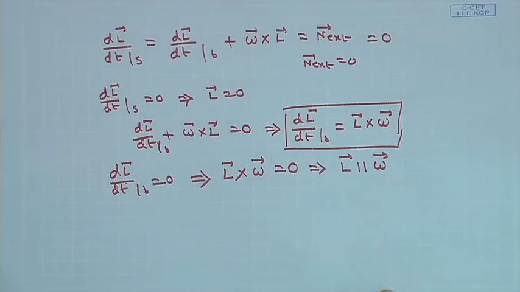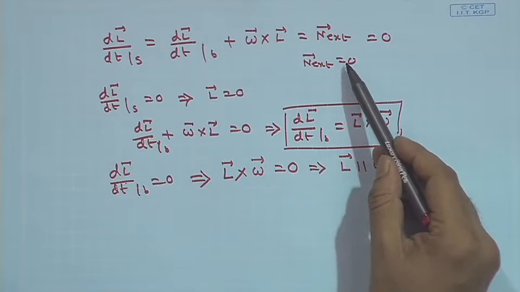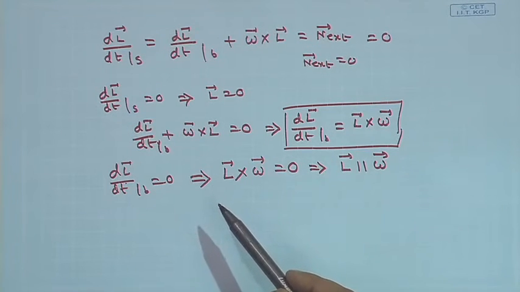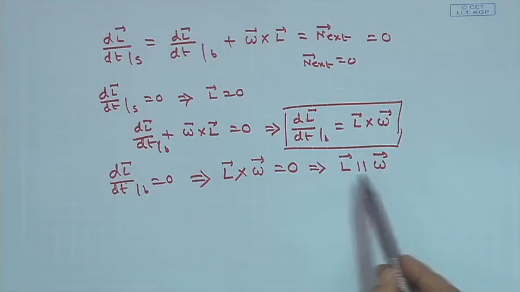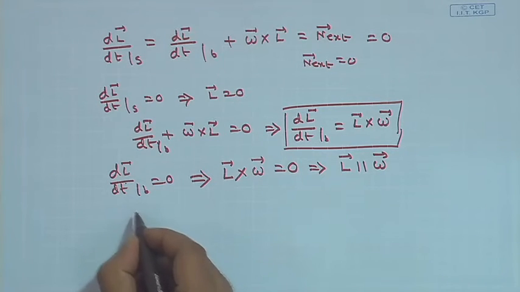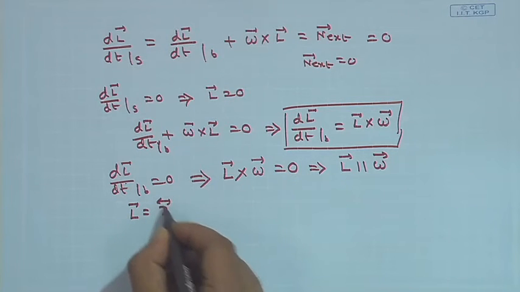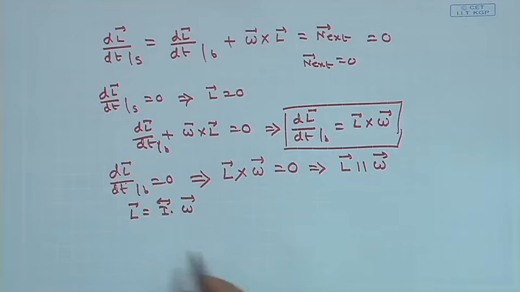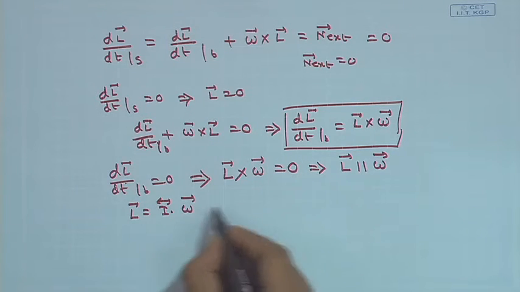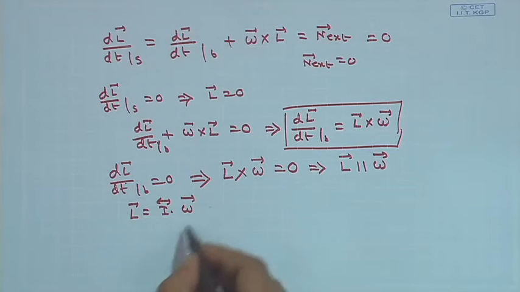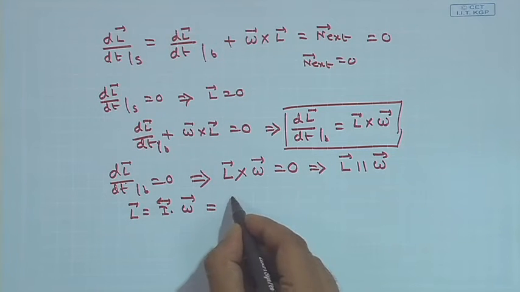So, we see that for torque free motion, uniform rotation is possible if and only if L and omega remain parallel, and from the relation we already know that L is equal to I tensor times omega, and only along a principal set of axis. If we resolve it around a principal set of axis, what do we get?